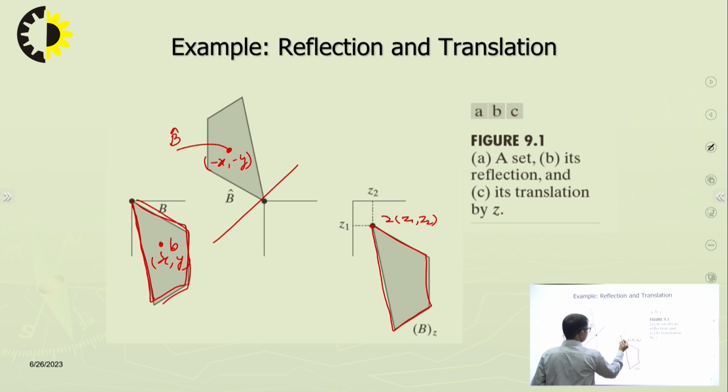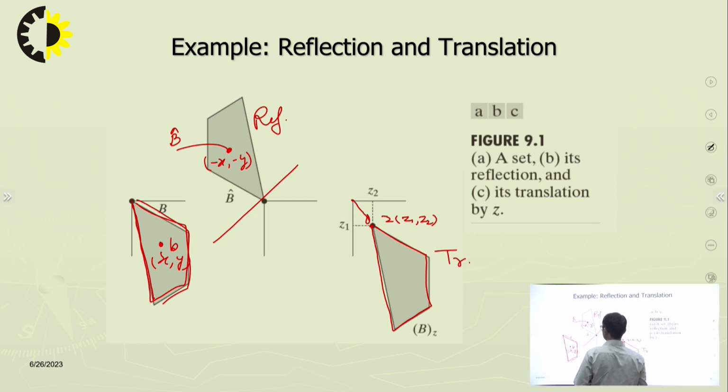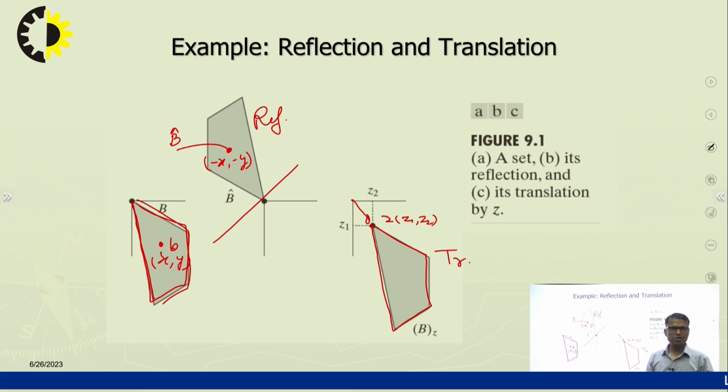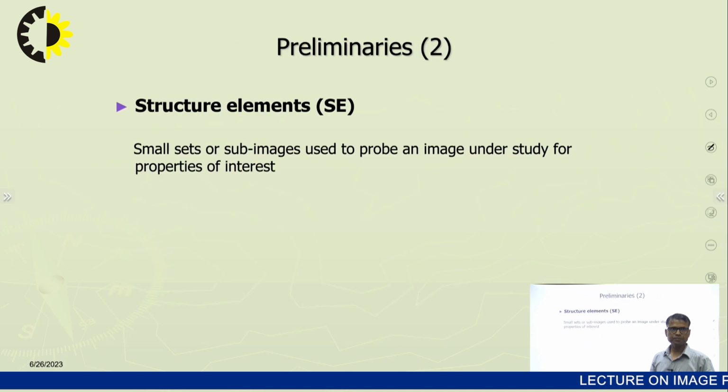So, there is a shifting, it is shifted to this point. So, this is a reflection operation and this is a translation. These two operations are very important and crucial while describing the morphological properties of the image subregions or objects.